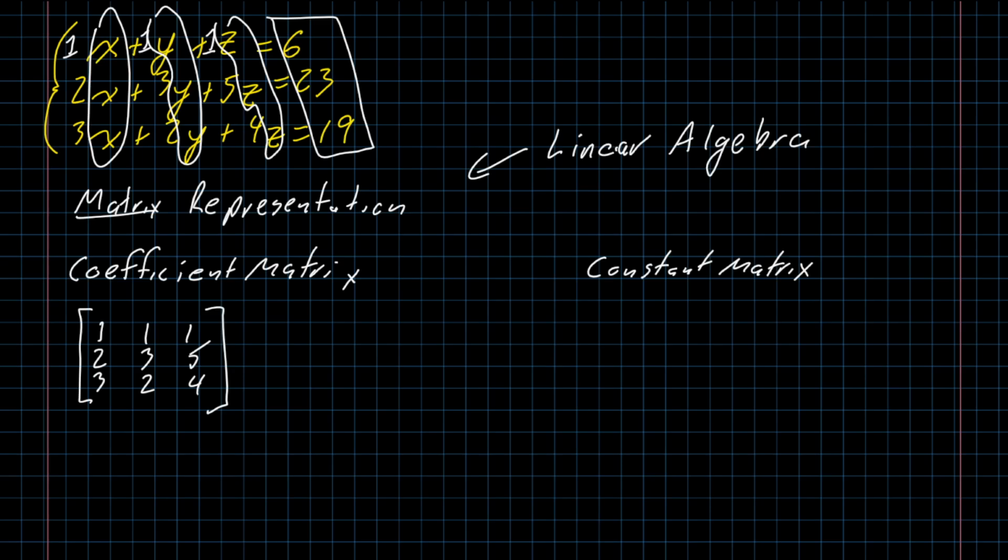We can list out all of those constants in their own matrix. 6, 23, 19. And with those tools, we have the information that we need to write the matrix representation of the system.